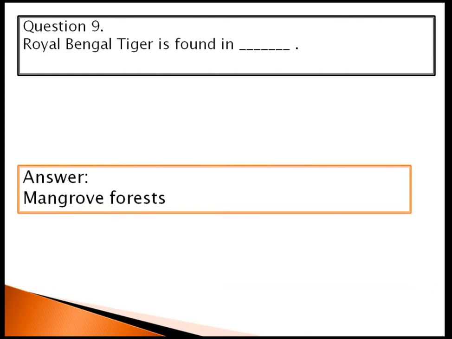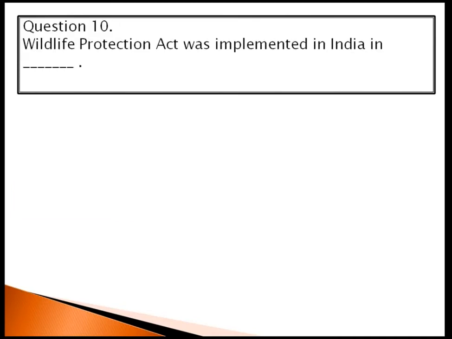Moving toward the next question. Question number 10. Please read the question properly. The Wildlife Protection Act was implemented in India in dash. So here you have to mention the year.